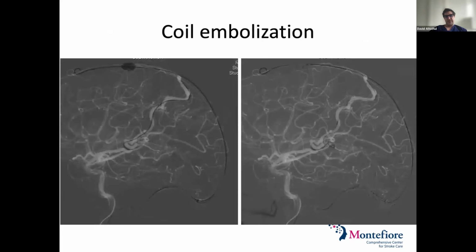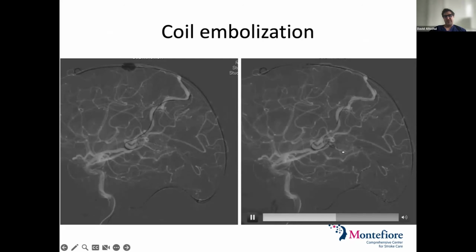So we got in there and coiled it, up along where the Onyx cast stopped, and where it was missing some of that inferior aspect of the vein.